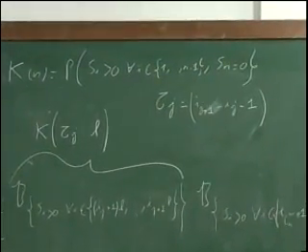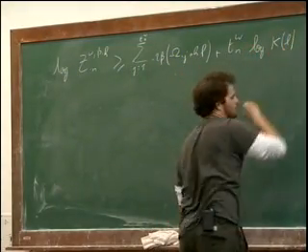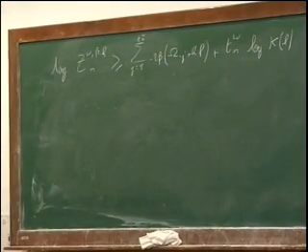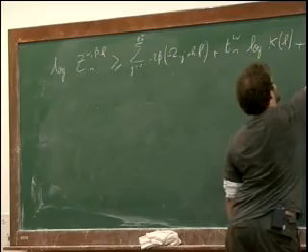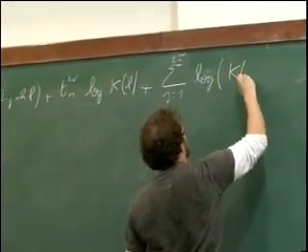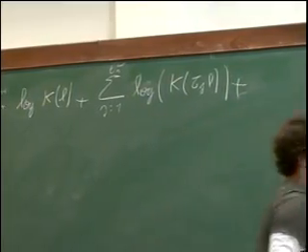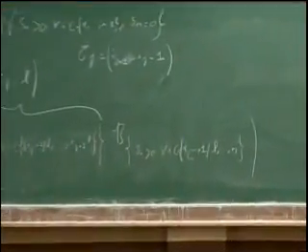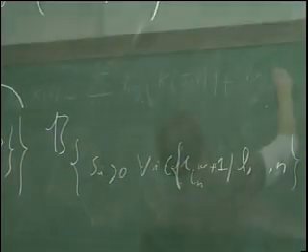So finally, what you get here is T n omega logarithm of K of L, coming from here, plus the sum over j equal 1 to T n omega of logarithm K of tau j L. And plus this last part, the last excursion, which is going to be, in any case, smaller than logarithm of K of n.